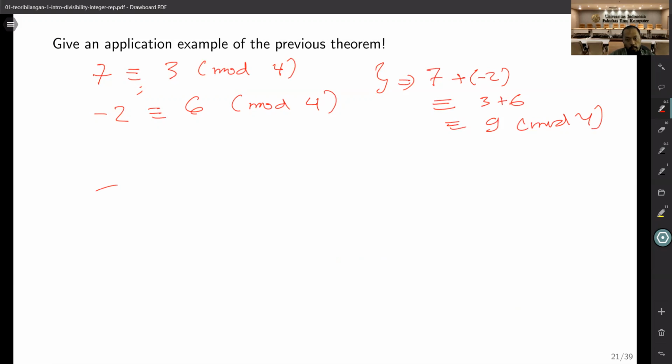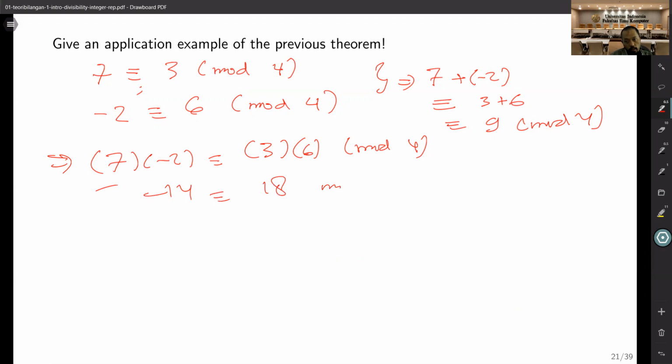Also from here, you know that 7 times minus 2 will be congruent to 3 times 6 modulo 4. So this is minus 14, this is 18, which is 2, right?